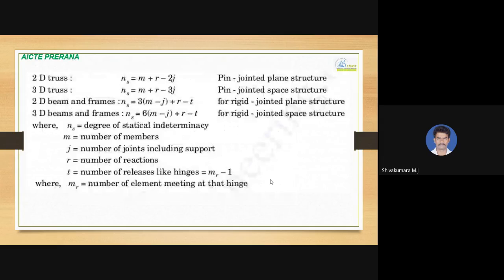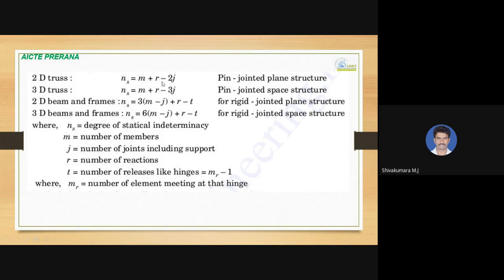And this same formula applies to different types of structures. When it comes to 2D trusses, the degree of static indeterminacy, Ns, is m plus r minus 2j, where m is the number of members, r is the number of reactions, and j is the number of joints, including supports.